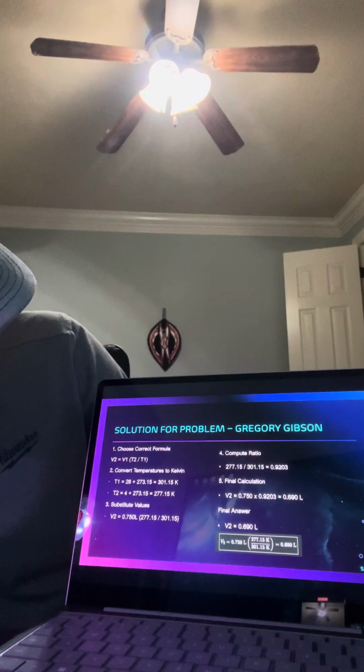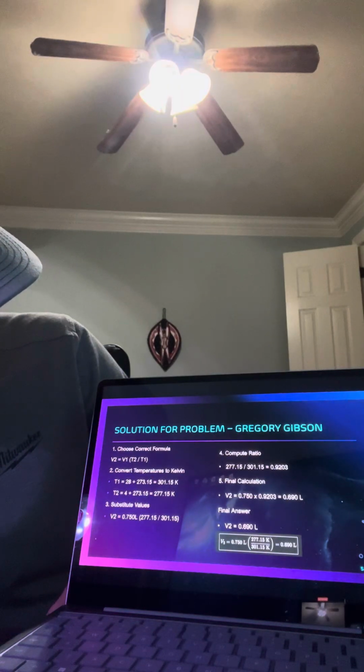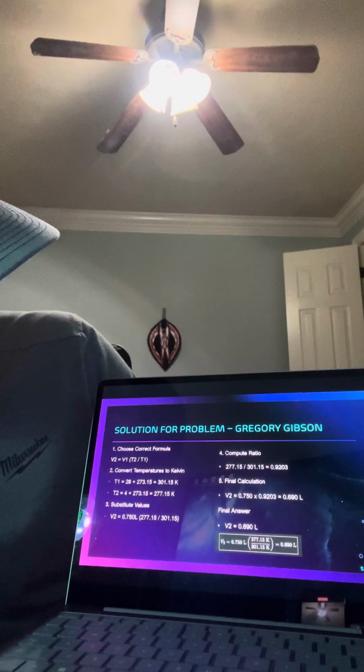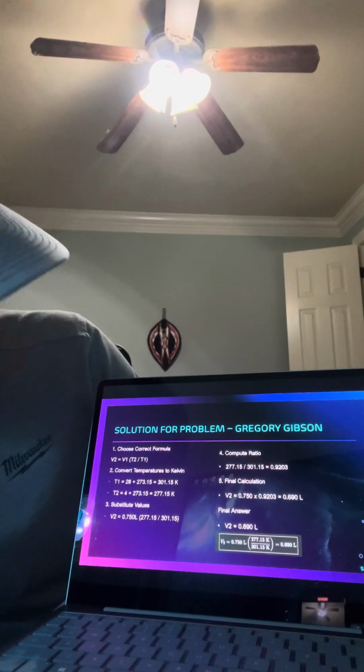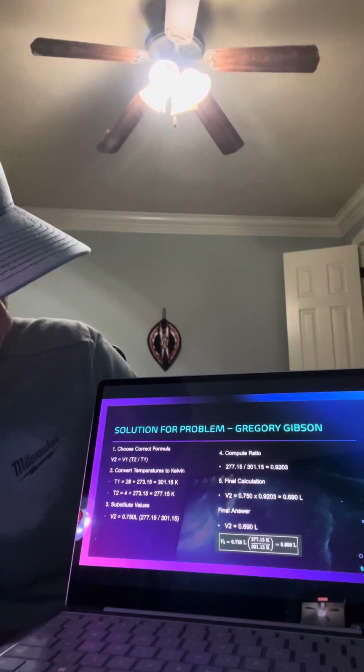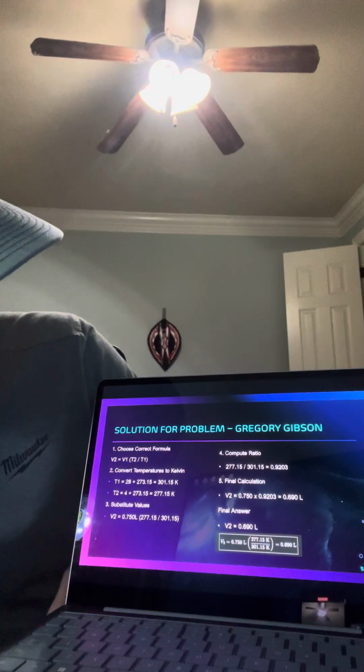So V2 equals 0.750 liters, which is our volume, times 277.15 Kelvin divided by 301.15 Kelvin. You have to compute the ratio, so you do your division first: 277.15 divided by 301.15 equals 0.9203.